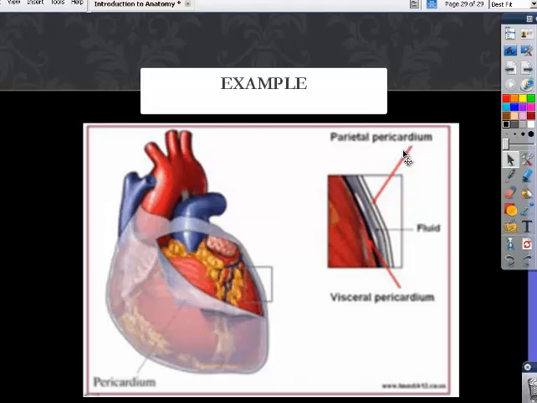The inner part of this membrane is the visceral pericardium, and this is the one that's physically touching the heart. And in between the visceral layer and the parietal layer, we actually have this fluid. Again, the fluid is there to act as a shock absorber, just in case any blow were to happen to this particular organ.